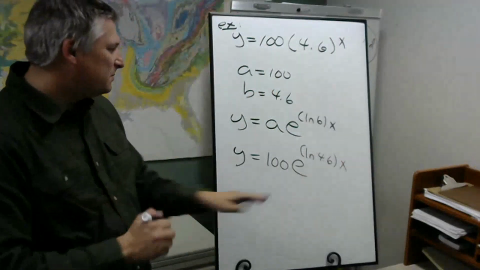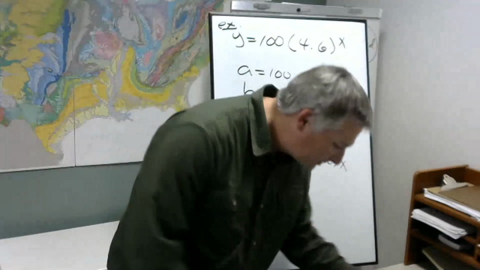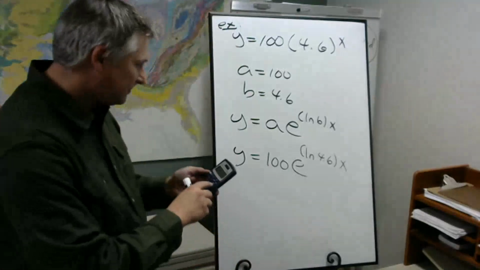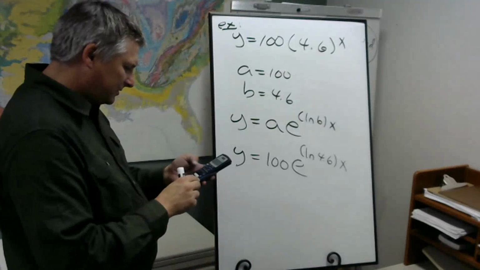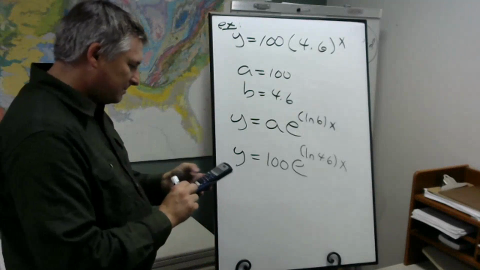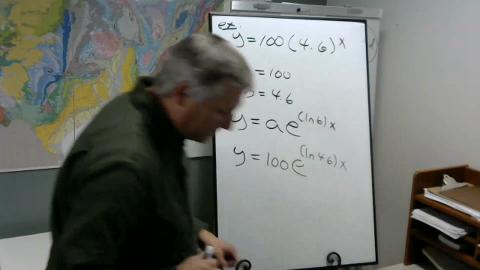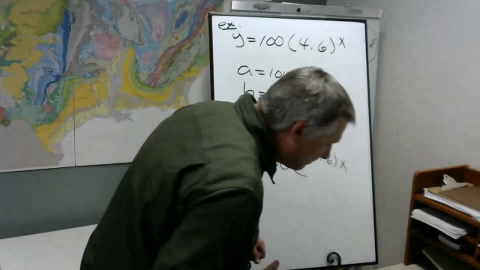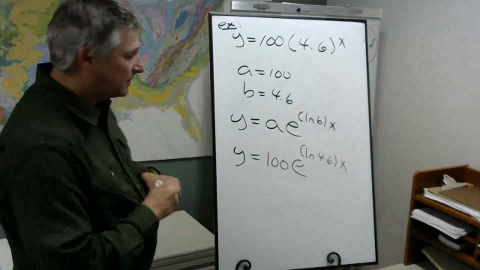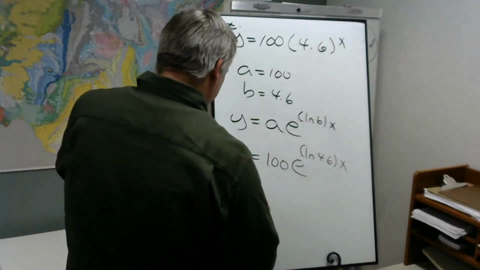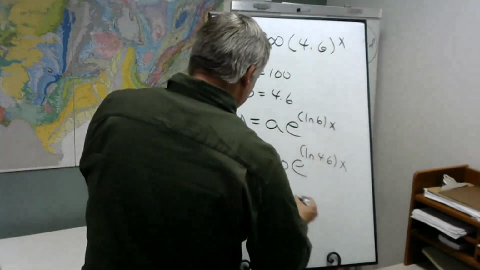And they want us to compute this, and they want us to round it. It looks like to the second decimal place. So natural log of 4.6, it's about 1.5. Well, they want to go to the third decimal place. So 1.526. If we go to the third decimal place, we'll get this.